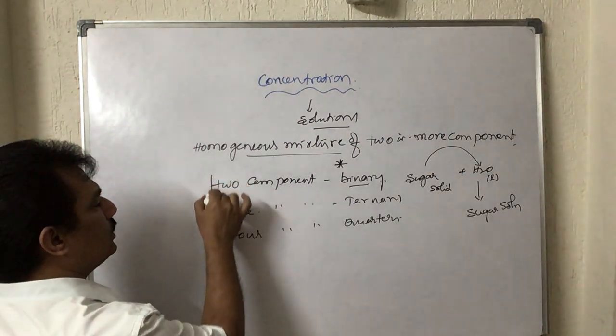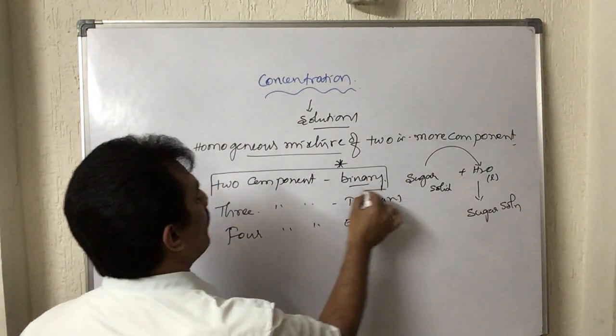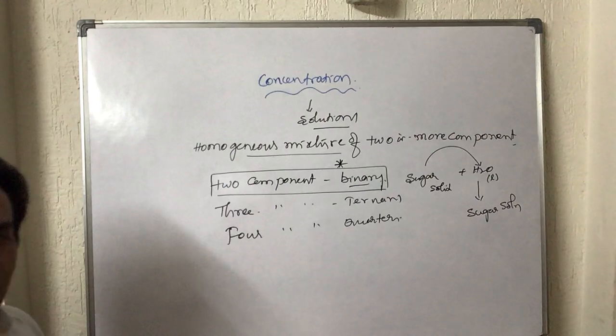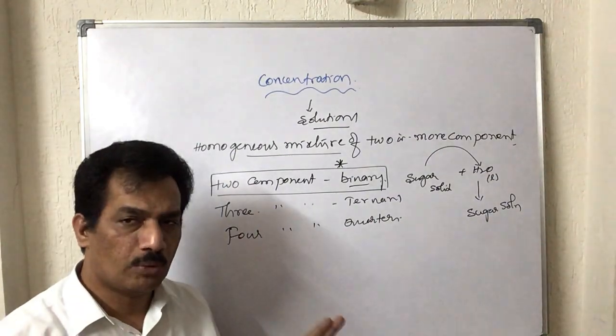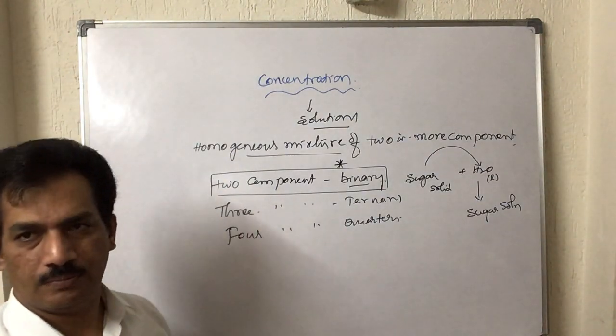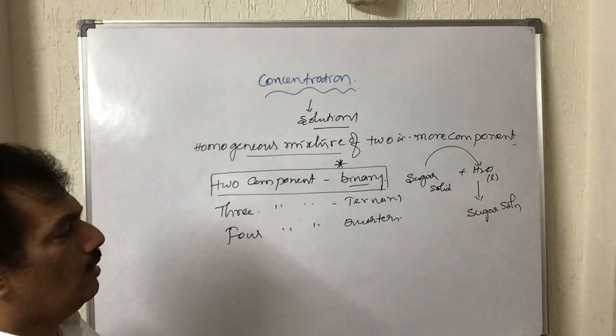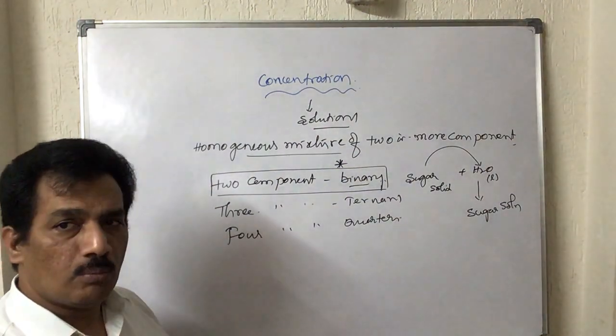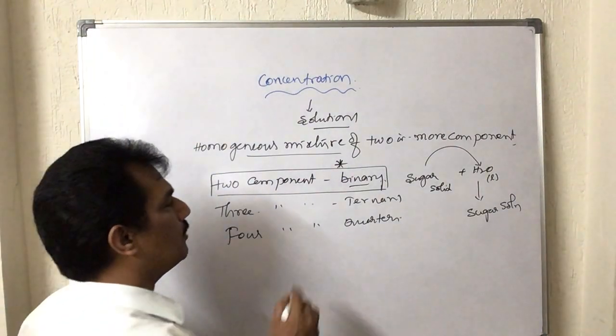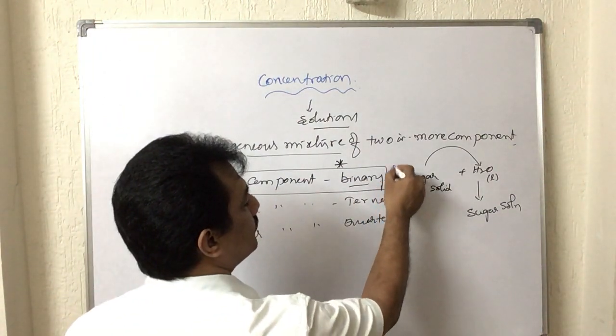But our concentration is related to binary solution. Binary solution means only two components are involved in this solution. Clear? A homogeneous mixture of two components is known as a binary solution.